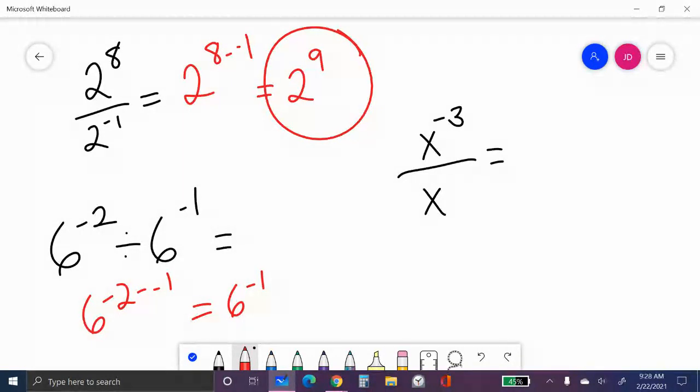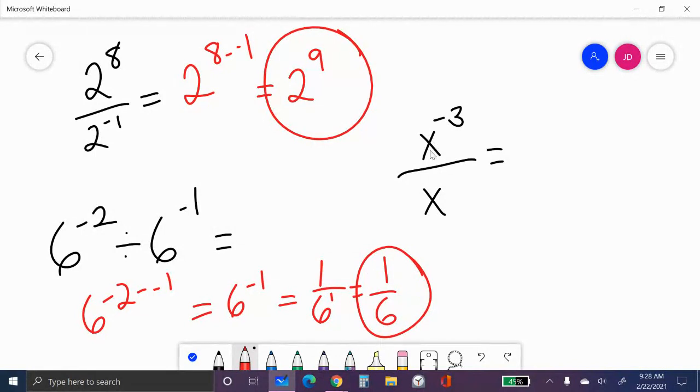Now again, if I want to write that as a positive exponent, you have to flip it. So 1 over 6 to the positive first, or it's just 1 over 6. You don't even need that first exponent. So that would be this completely simplified.